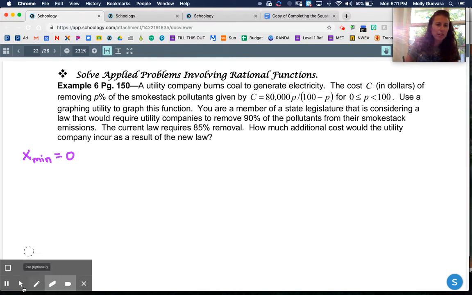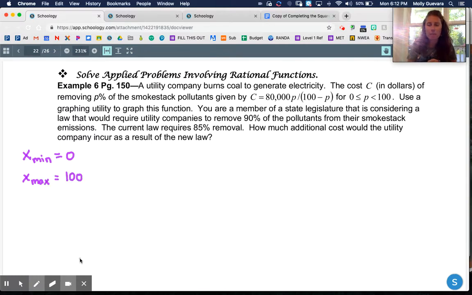So you can't take out any less than 0% of the pollutants. My x maximum is I can take out up to 100% of pollutants. So I'm going to make that 100. Okay. Now my y minimum, y is my cost, right?